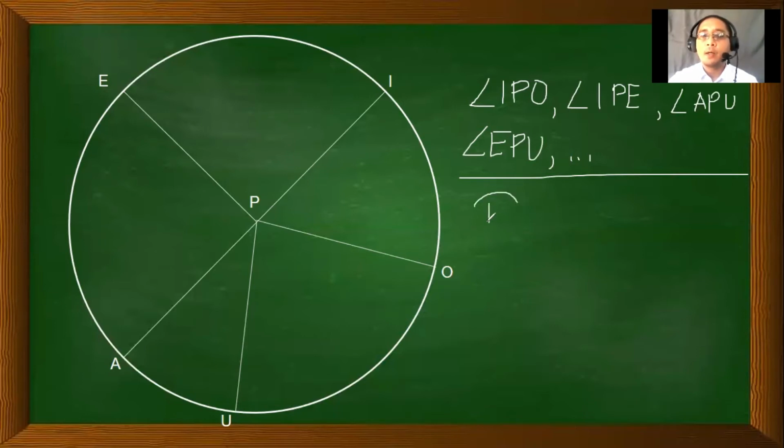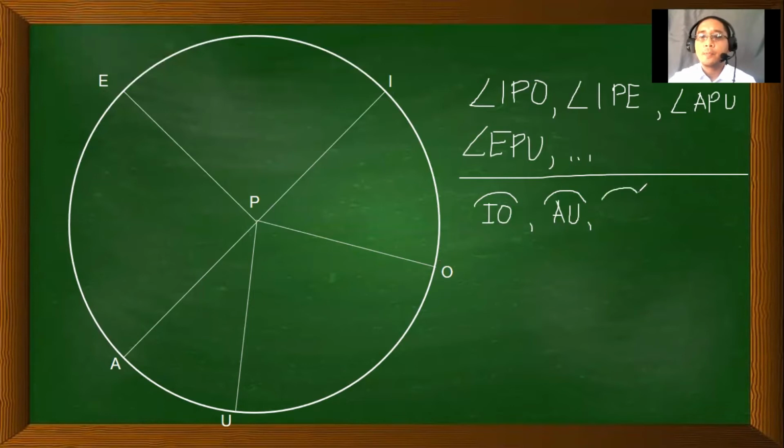Arc IO is a minor arc. If you observe the given illustration, it is less than 180 degrees or less than the semicircle. Another minor arc is arc AU, which based on the given illustration is less than the semicircle or 180 degrees.